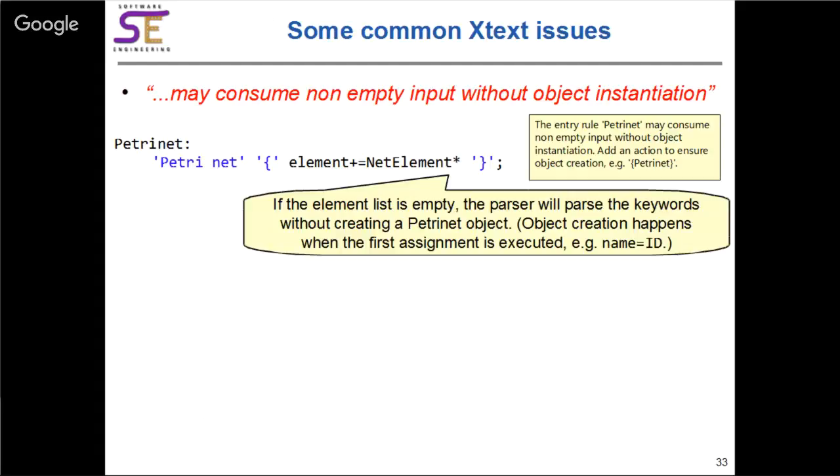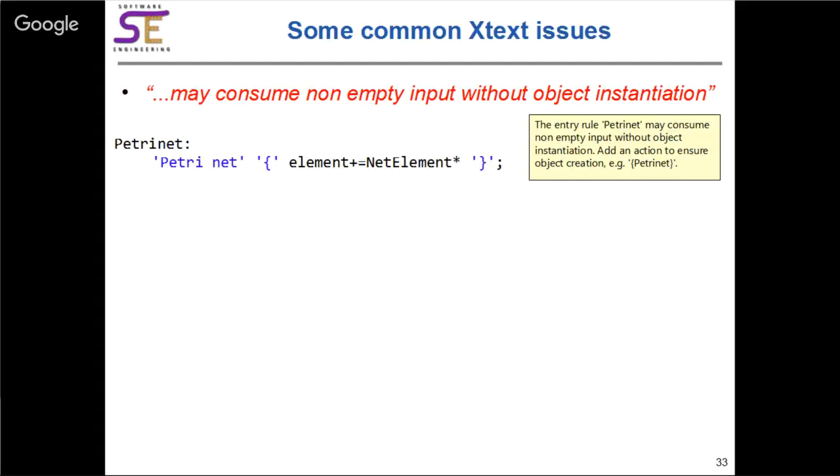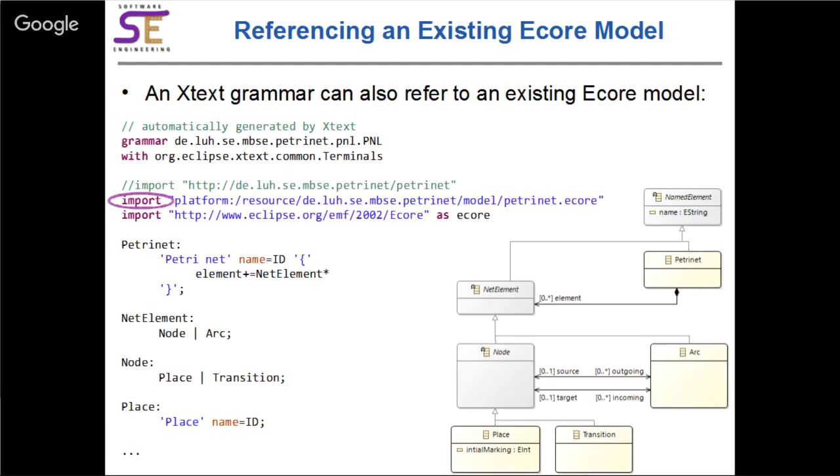There are some technical reasons why this happens. So the object creation happens when the first assignment is executed. So for example, name equals ID. So actually here we had a name, which is also required. So if we include the name, we won't have the problem.